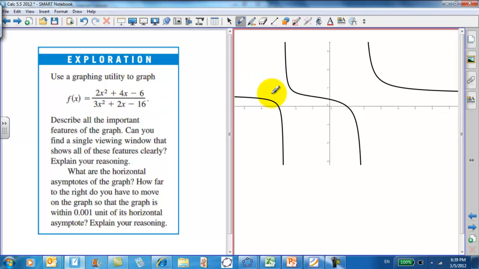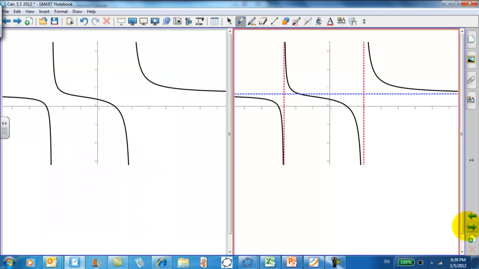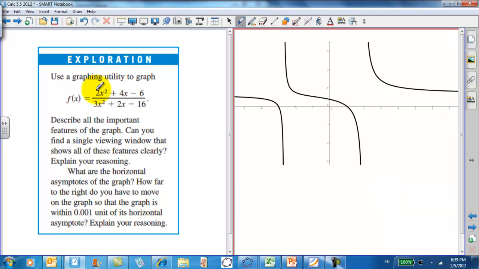But we also see in this thing a horizontal asymptote. As x heads off to infinity in both directions, we get closer and closer to a level somewhere between 0 and 1. And what does that turn out to be? Looks like about 2/3. And as we're going to see, we can predict it from the coefficients on the leading terms.